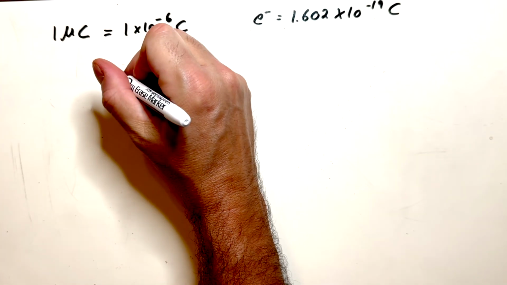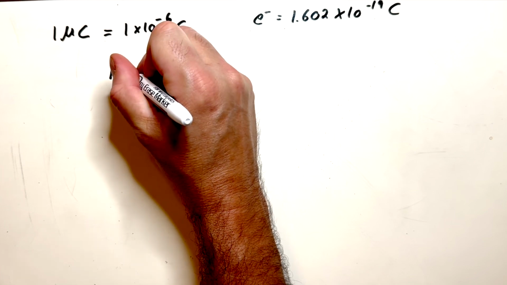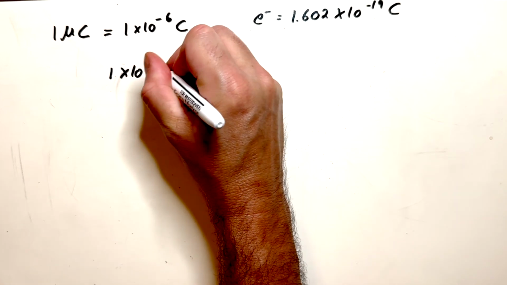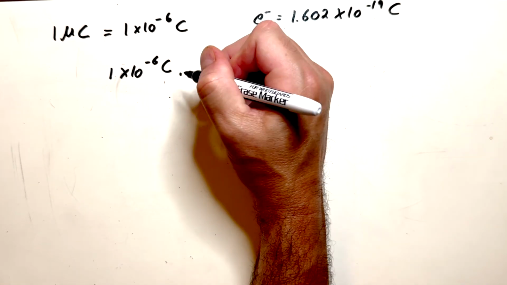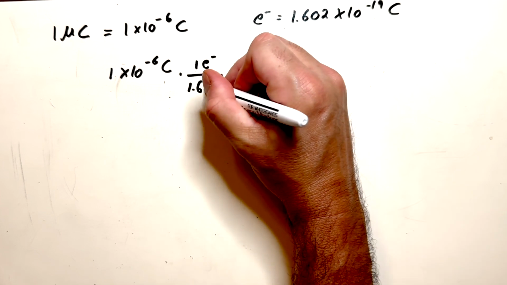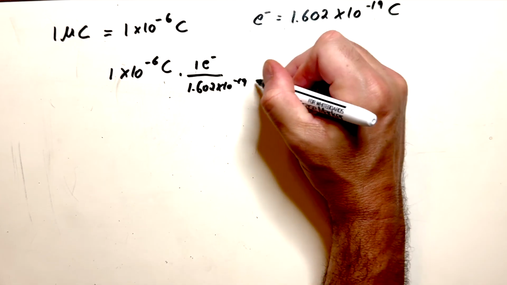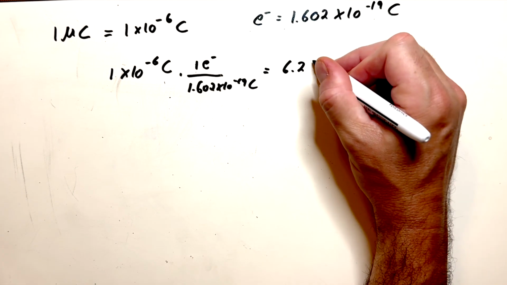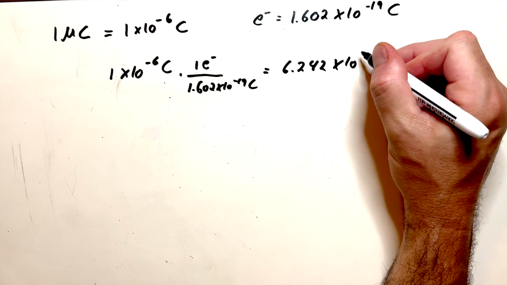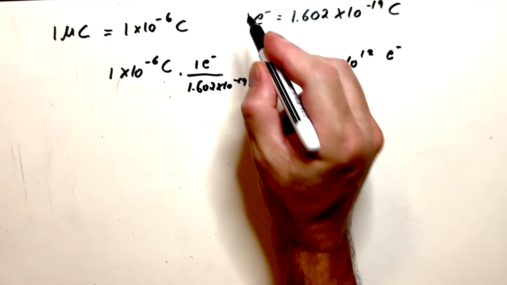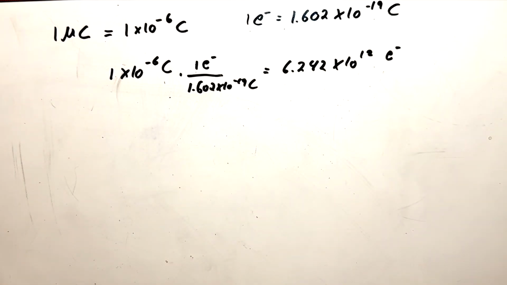If I have 1 times 10 to the minus 6 coulombs, divided by, which is the same thing as multiplying by, 1 electron per 1.602 times 10 to the minus 19 coulombs, plugging that into my calculator, I get 6.242 times 10 to the 12 electrons. And that's pretty much all there is to it. So that's problem number 1.